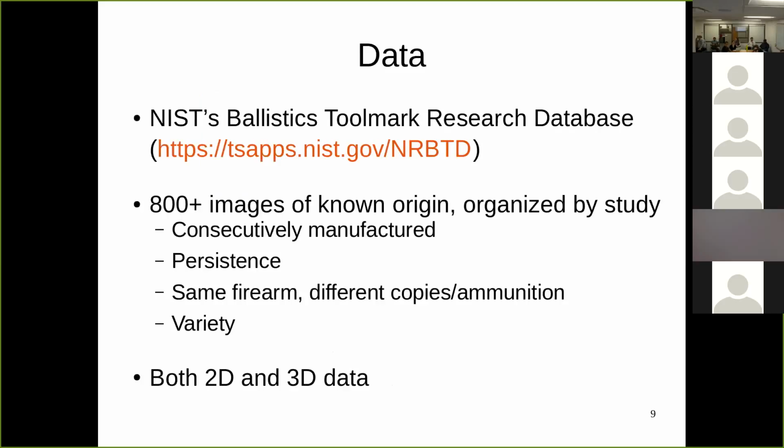So the data that we're using comes from the NIST database. There are over 800 images of known origin. Known origin means we know exactly which firearm and which cartridge case produced each of these images, and they're organized by study.